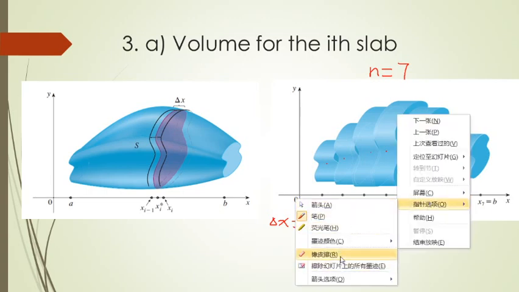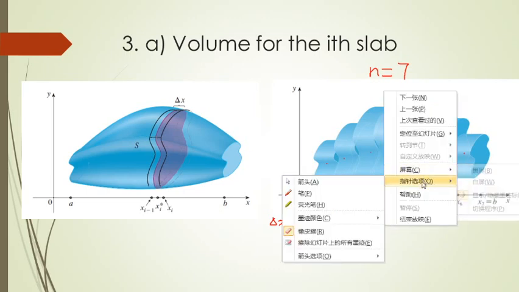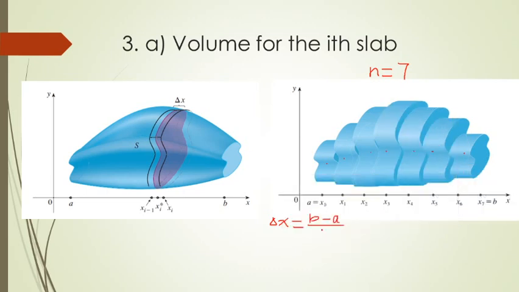So the right side of this graph means we cut the sweet potato into 7 pieces to get the sum of the volumes of these 7 approximating slabs. That will be the estimation of the volume for the sweet potato on the left side.